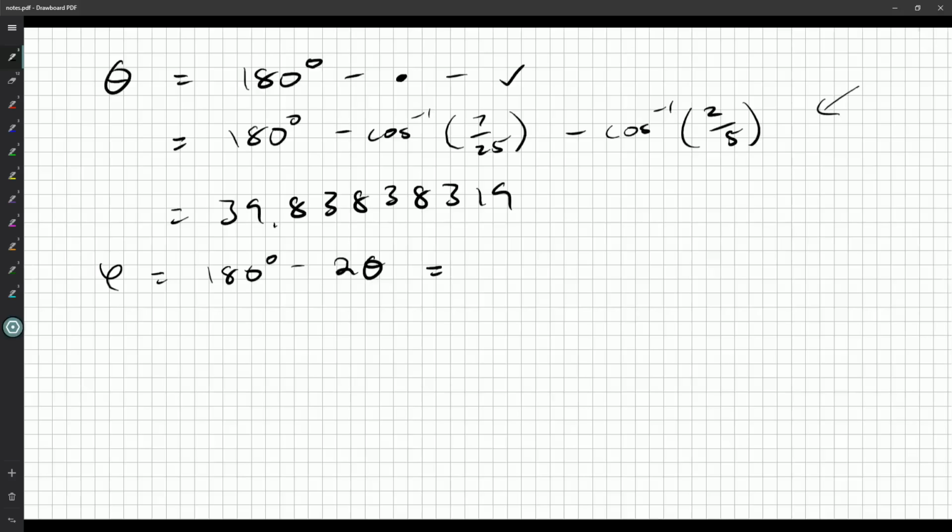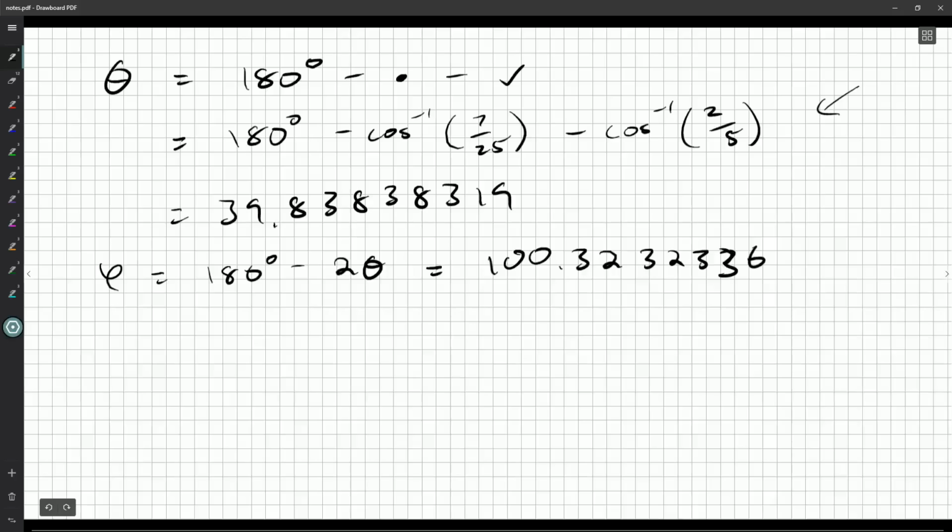And if I subtract 180 from that, I get 100.3232336. I'm keeping as many decimals here as I can just because I know I'm going to have to be rounding to 3 decimal places at the end. And if I round early, a lot of little rounding errors can compound and might cause me to think the answer is one thing rather than another. That's why I'm listing out all these decimals, every decimal I see on here.